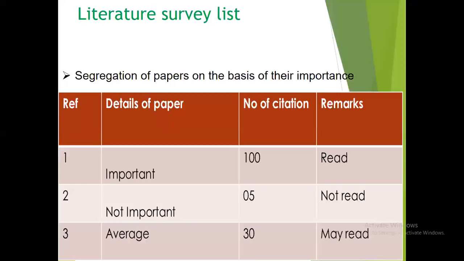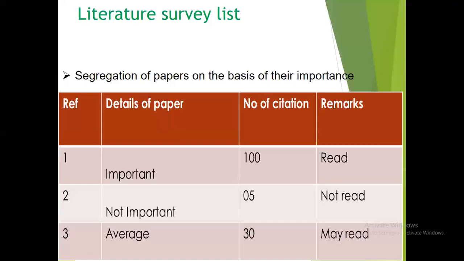On the basis of that you can select whether you will read the article, or not read it, or keep it in a group and go through it only if necessary.